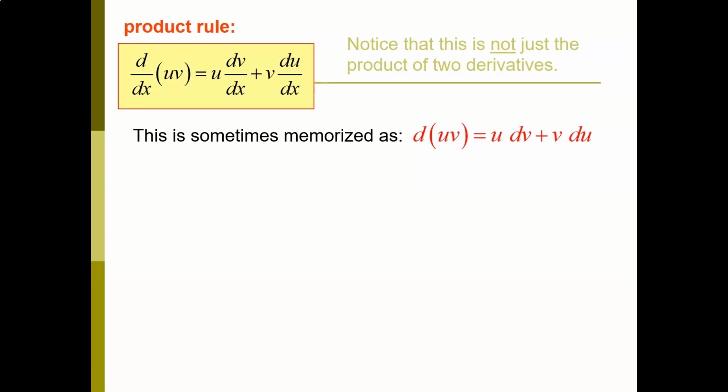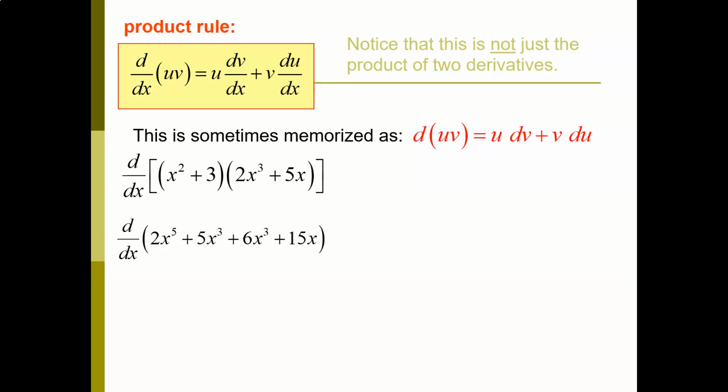Let's look at another example. All right, here we have two functions: x squared plus 3 times 2x to the power 3 plus 5x. Your first instinct might be to just multiply that all together and distribute. You can do that. If we just combine like terms, we will get 2x to the 5th plus 5x cubed plus 6x cubed plus 15x, if you are foiling or using the box method.